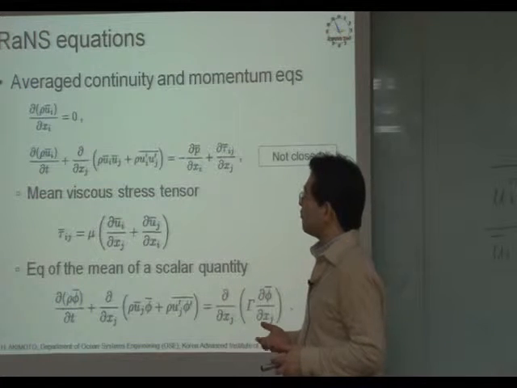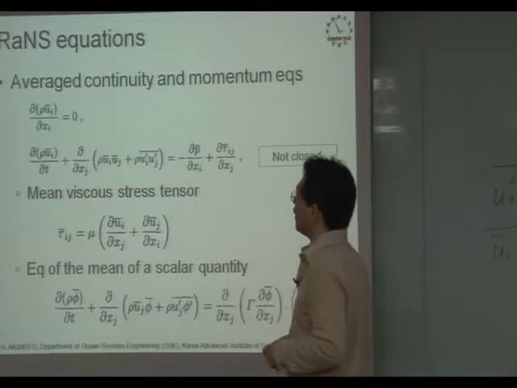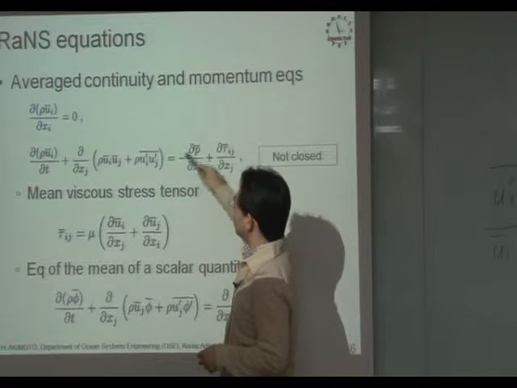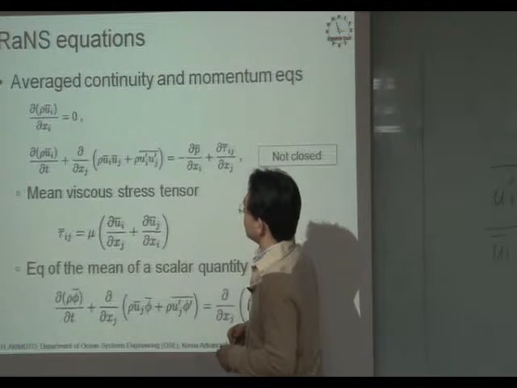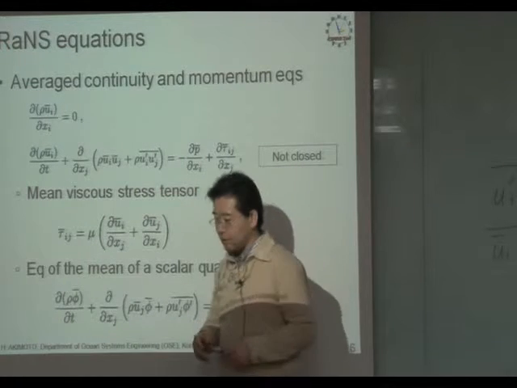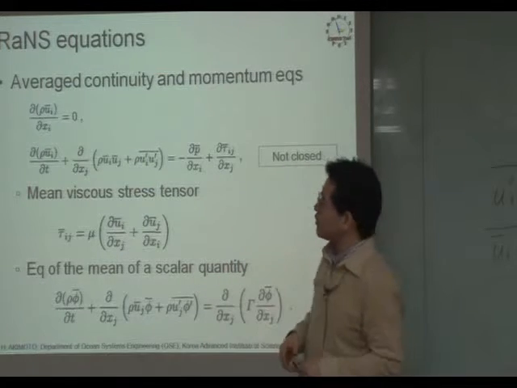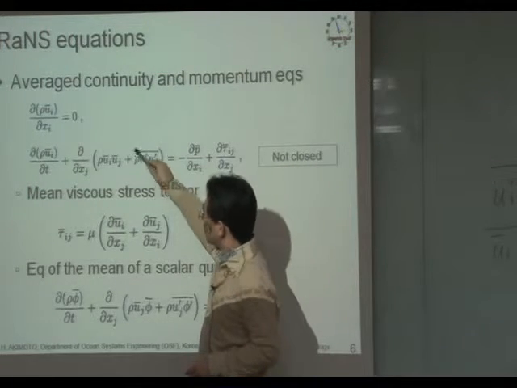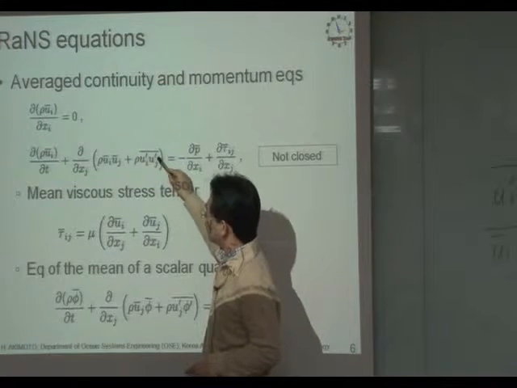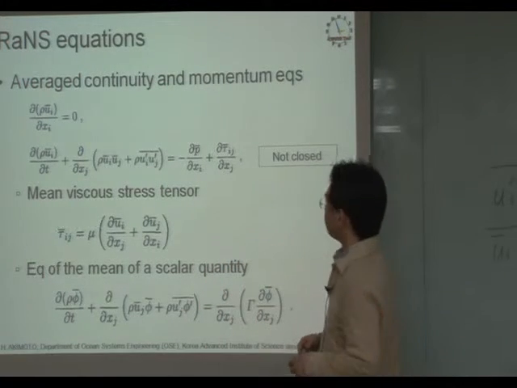If we take the time average of the continuity equation and the Navier-Stokes equation, we get this type of equations. The important point is the same as in the construction of the LES model. There is a remaining part: one additional component appears in the convection term.